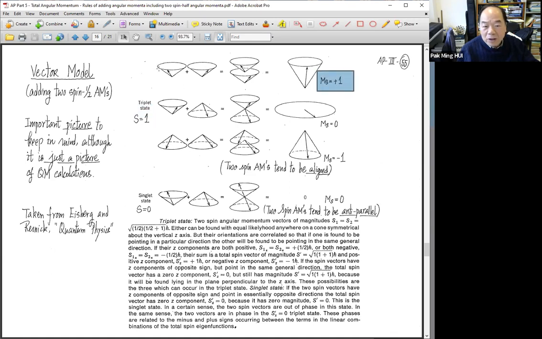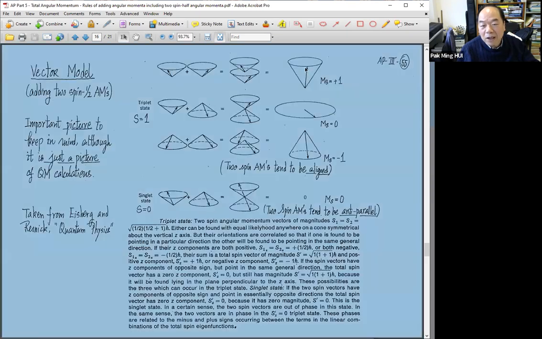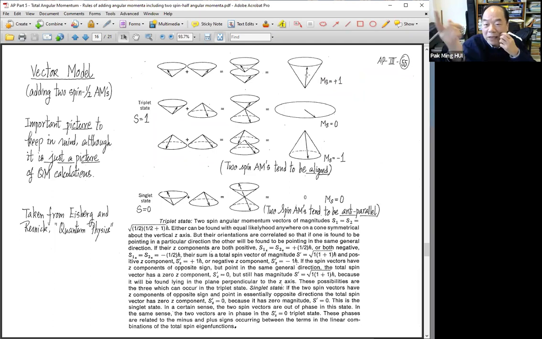Both spins live on the upper cone, and their Z components are both aligned upward. You add them up, it is a longer Z component, all right? And then the total spin must be longer, living in a longer upper cone. That's easy to visualize. Similarly, the triplet state has the longest minus Z component, ms equals minus 1. You just flip the whole thing down, it's the same thing.